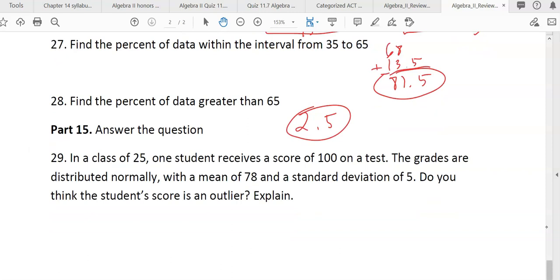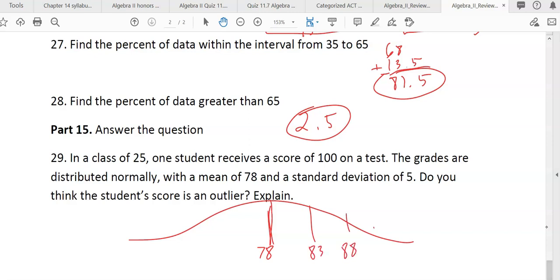A class of 25 students, one student receives a score of 100. These grades are normally distributed with a mean of 78 and a standard deviation of 5. Do you think the student's score is an outlier? So 78 is the middle. 5 more would be 83, 88, 93. So 93 is 3 standard deviations away.